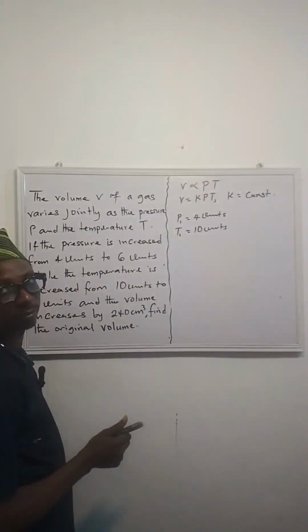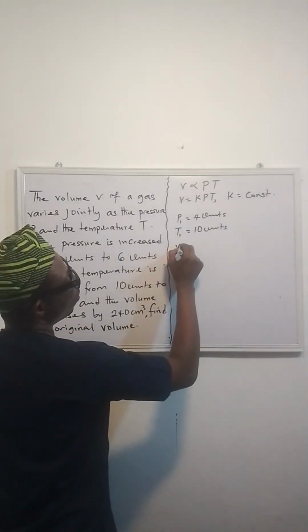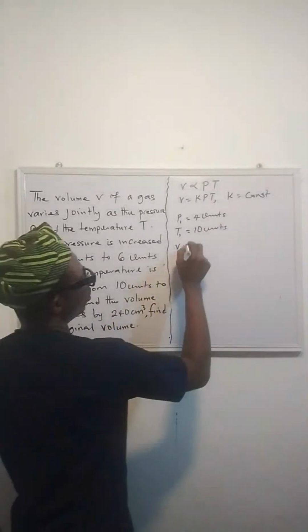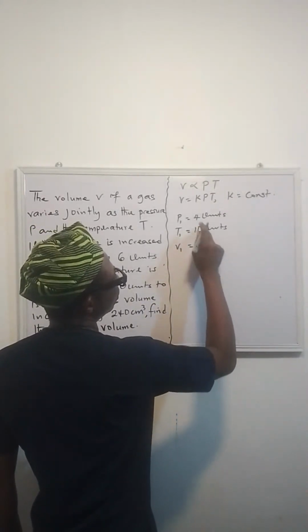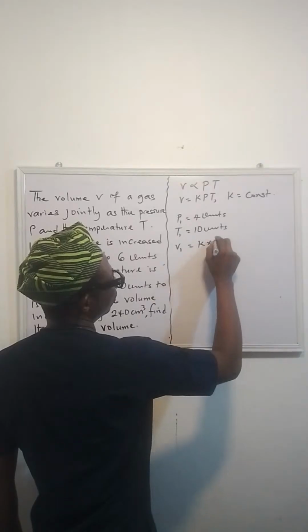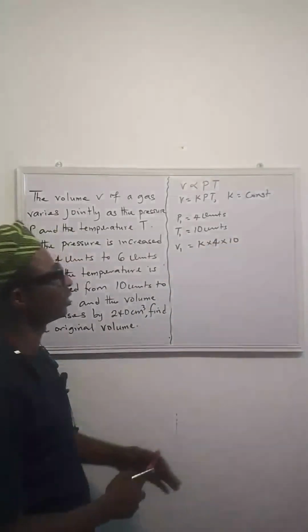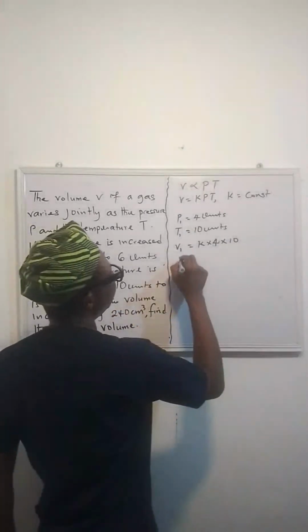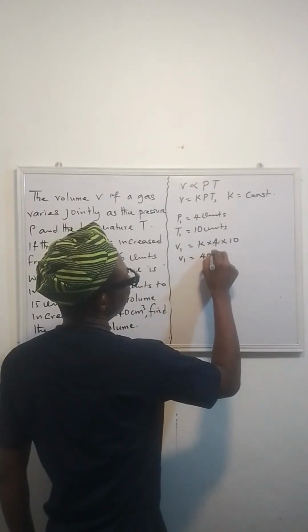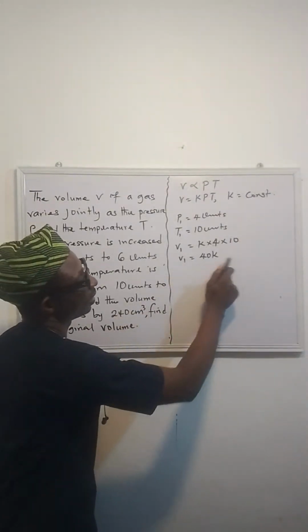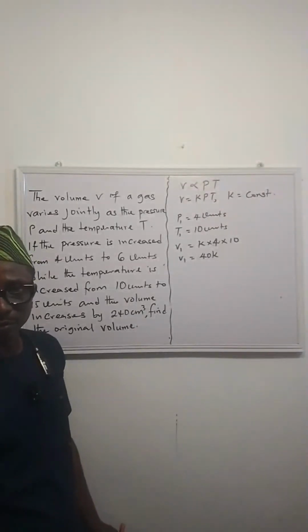We are going to have V1, the original volume, equals K times 4 times 10. This is for the pressure, while this is for the temperature. So V1 equals 40K. This is the initial, or original, volume.